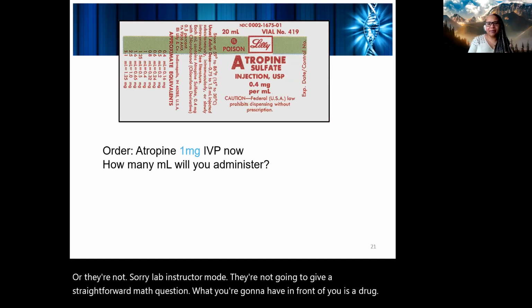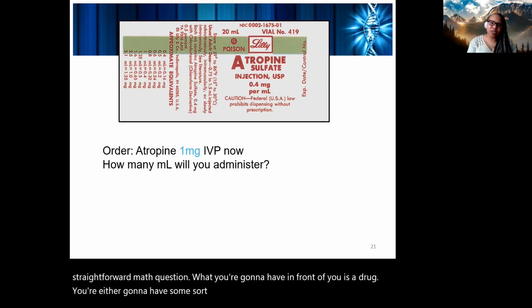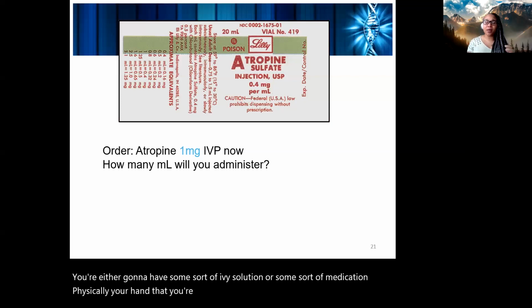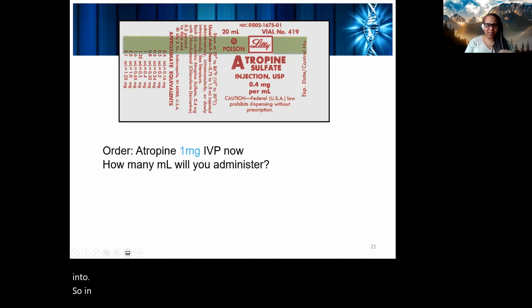You're either going to have some sort of IV solution or some sort of medication physically in your hand that you're going to have to know how to plug the answers into. So in this slide, let's see if I can get my pointer to work. Okay, there we go.